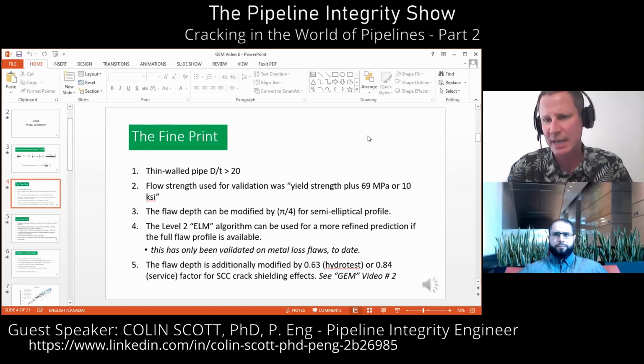Those models will tend to be fairly conservative, and the reason for that is when you get SCC crack shielding, you actually have a lower stress intensity factor than you think you do. I've gone through a calculation based on some classical solutions, and if you look at the math, the stress intensity factor that's associated with crack shielding is decreased by somewhere between about 10% and 30%.